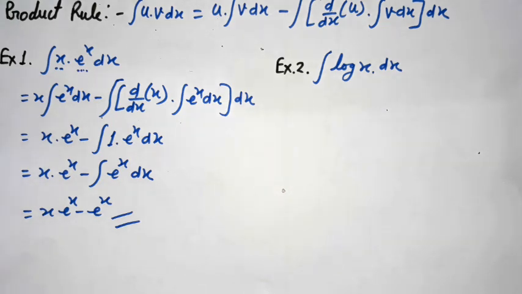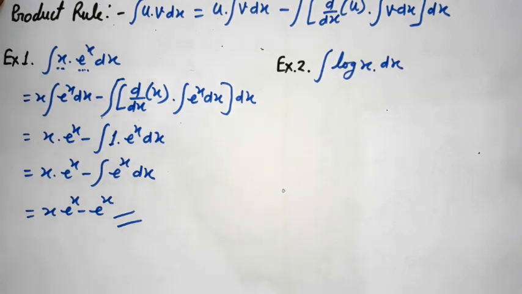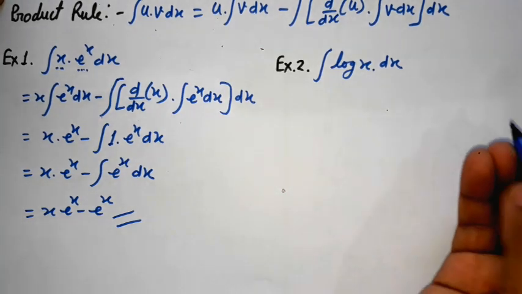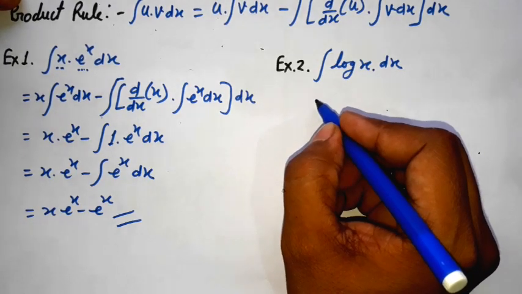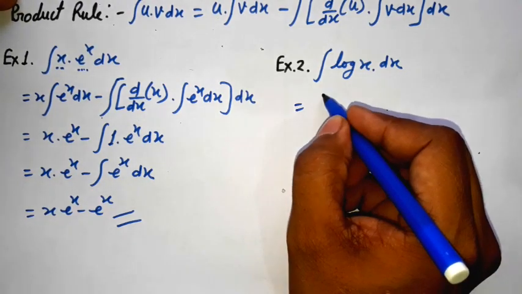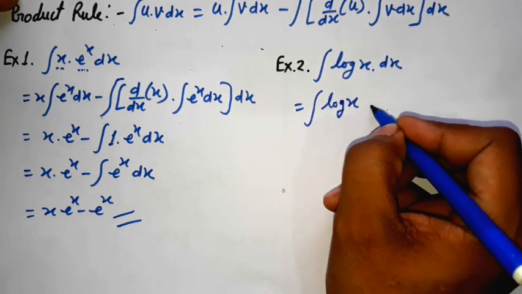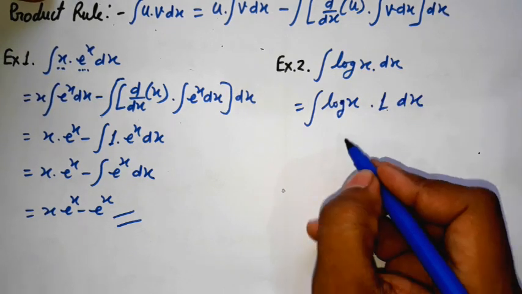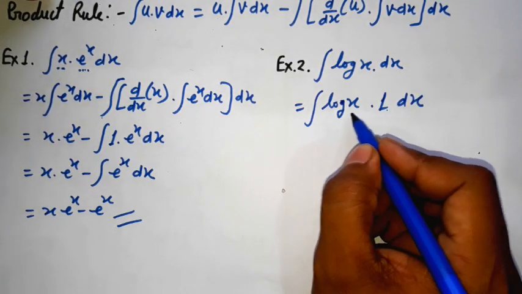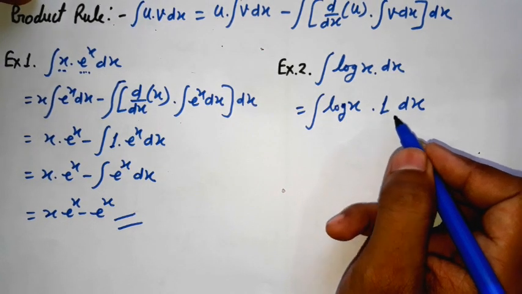Now the next example is integration of log x. But log x cannot be integrated directly, so this question can be written in this form: log x into 1 dx. Now we will integrate. Here log x can be treated as u and 1 treated as v.